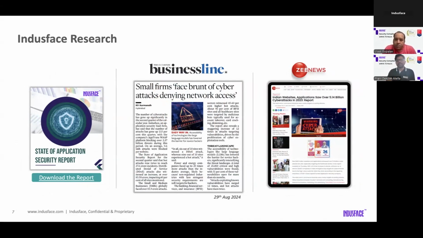Now we have interesting dissections on enterprise versus SMB, banking versus healthcare, and so on. So we see that different industries and different companies based on the size are being targeted by different tactics. So a lot of findings in the report that we have here. This has been covered by various print and other dailies.